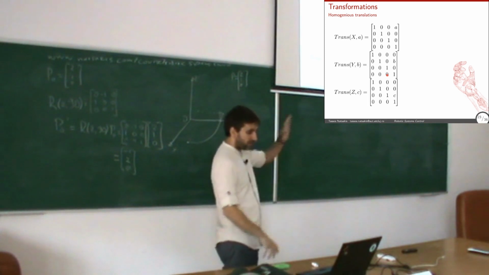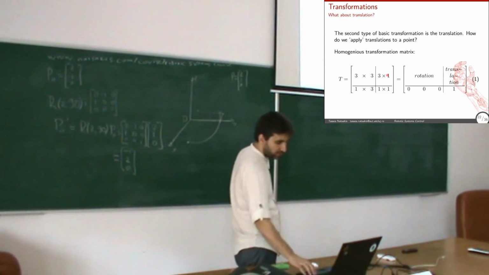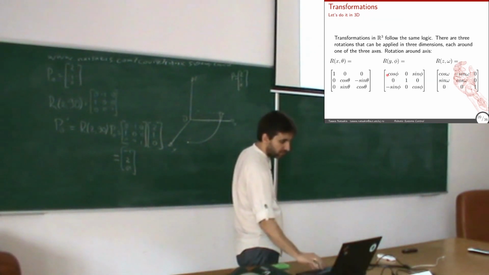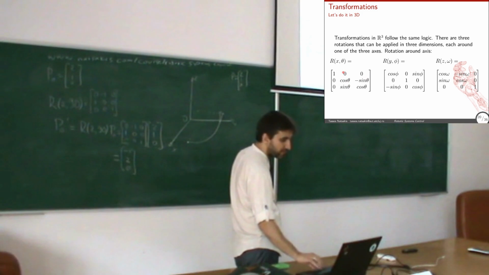Basically, let's forget a bit the rotation. Maybe one thing to notice about the transformation: what happens if the rotation is 0 in each one of these? What is this matrix here? This will be 1, this will be 0, 0, 1. So this will be the identity.